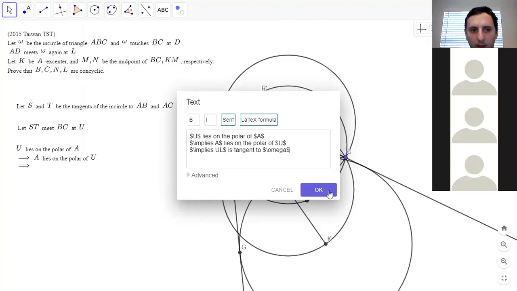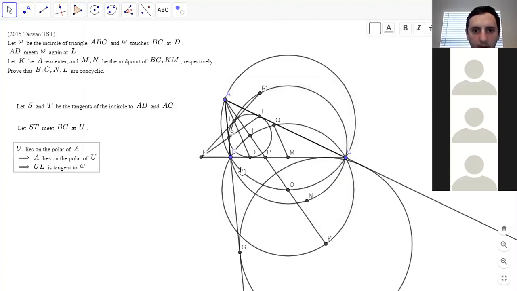And let UL meet the circumcircle BLC at R prime.